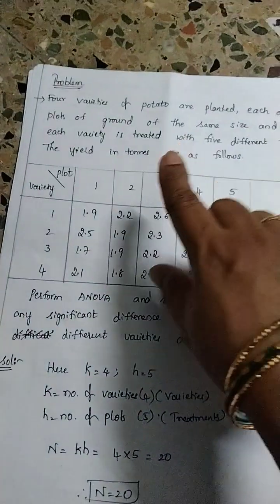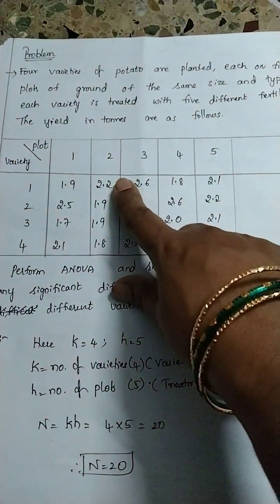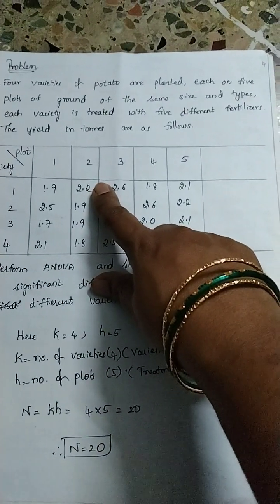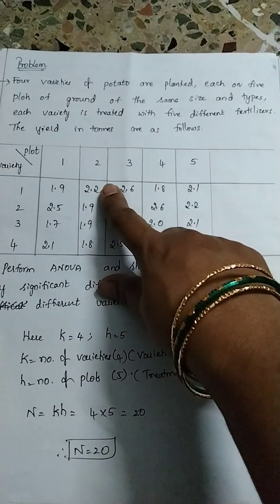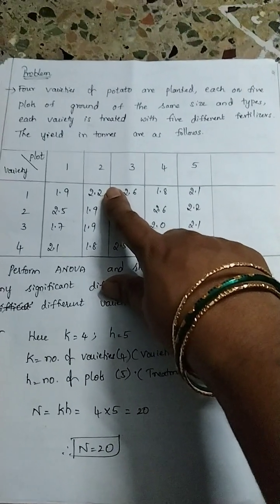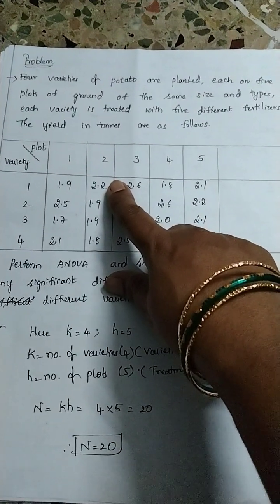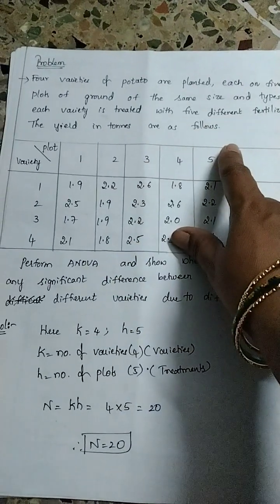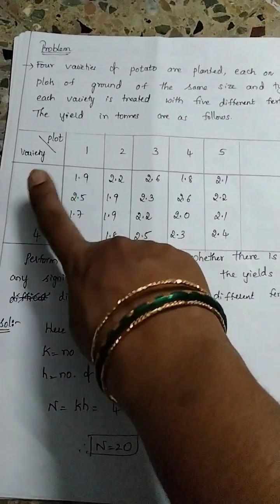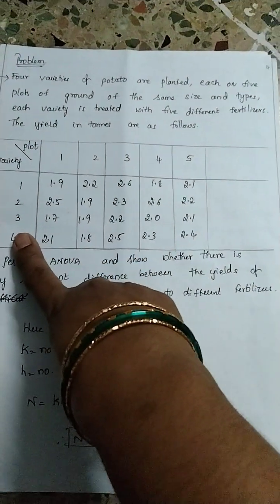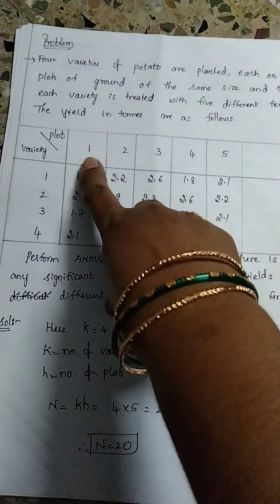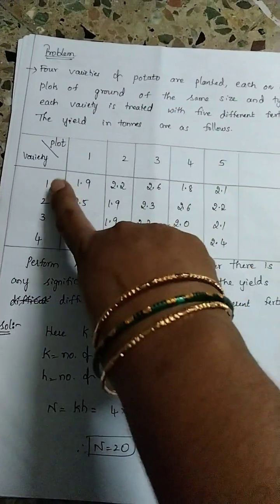Four varieties of potatoes are planted, each on 5 plots of ground of the same size and type. Each variety is treated with 5 different fertilizers, and the yields in tons are given as follows for the plots and varieties. So the fertilizers are 1, 2, 3, 4, 5, and the varieties are 4.